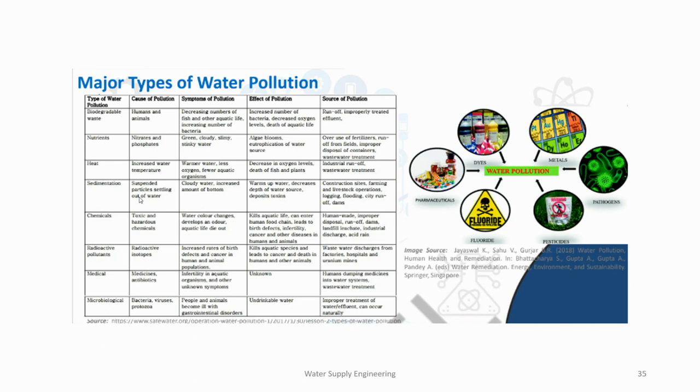So the water becomes more turbid, water becomes warm, depth of the water source will be decreased, and toxins will start getting deposited along with these sediments. The primary source of this pollution is construction sites, farming and livestock operations, logging, flooding, city runoff, dams, etc.